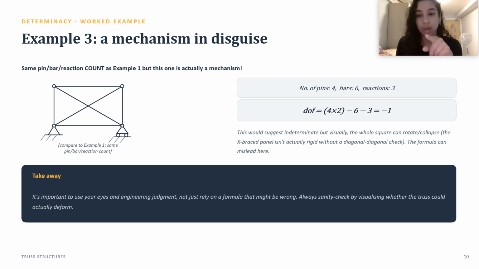Because here we got bars and we got 2 web bars on the inside, it can't stay rigid. The X-braced panel can't actually be rigid without a diagonal to diagonal check. It is going to be moving. You should always remember this. So whenever you look at any other truss, you know if it's a mechanism or not. Let's go to the next one.